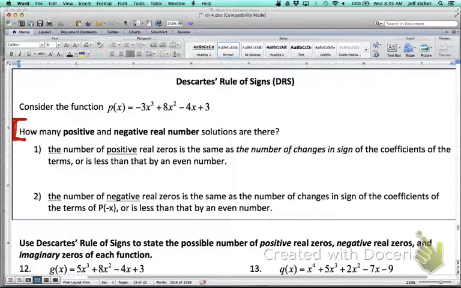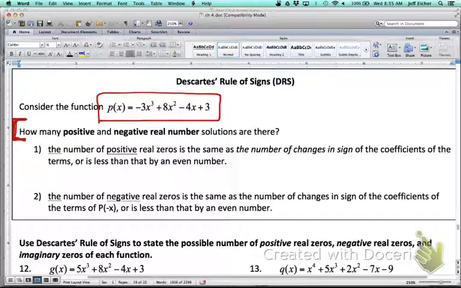So consider this function p of x right here. Descartes' rule of signs says this: the number of positive real zeros is the same as the number of changes in sign from positive to negative or negative to positive, or less than that by an even number. Now that's a mouthful, but it's very easy what it's actually saying once I explain it to you.